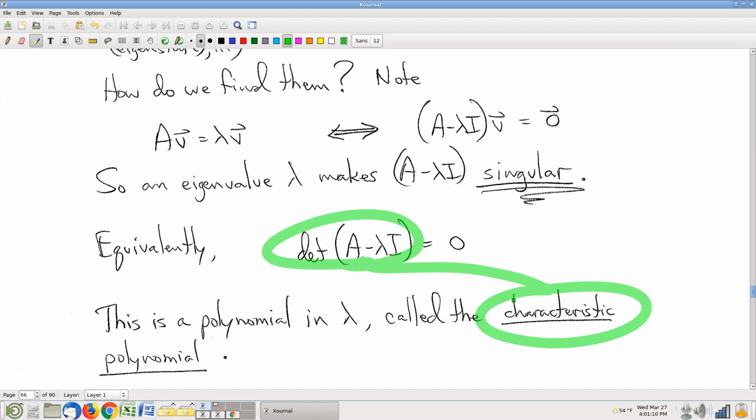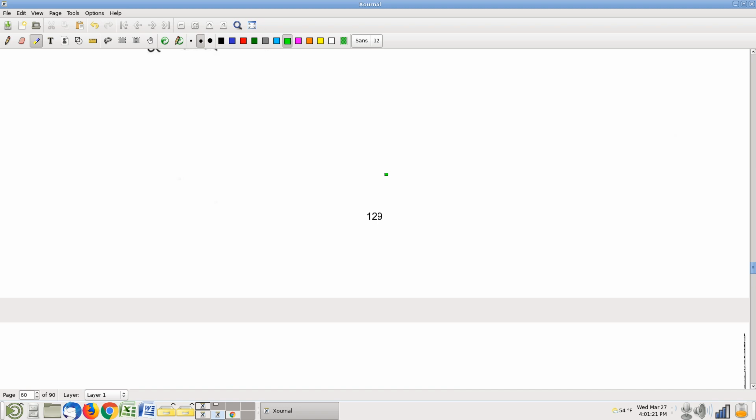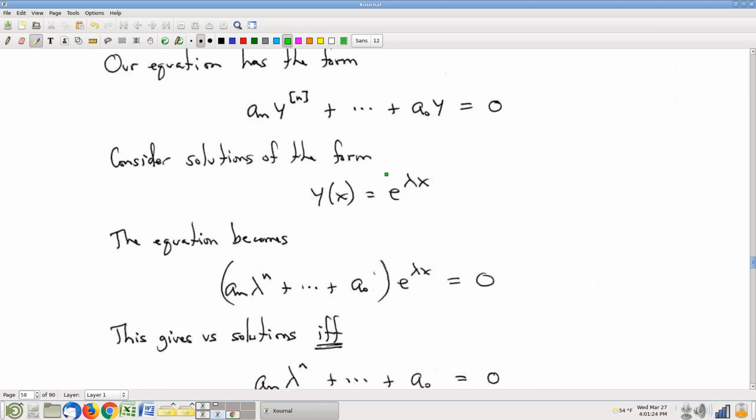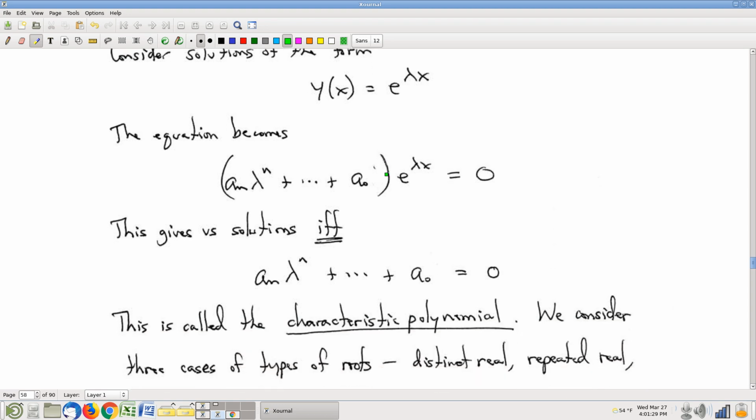Okay, nevertheless, these two polynomials play kind of analogous roles. Let's think about, way back when, what did characteristic polynomials do? Characteristic polynomials had the feature that if you can find a value of lambda that makes that 0, then what you have is a solution to your differential equation. So the characteristic polynomial had roots that give you solutions.